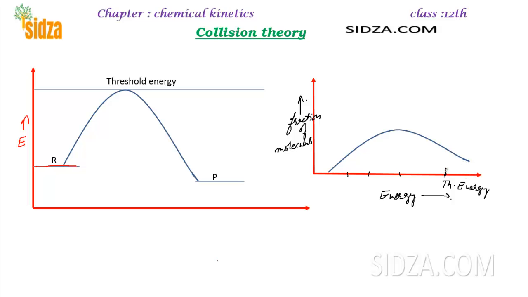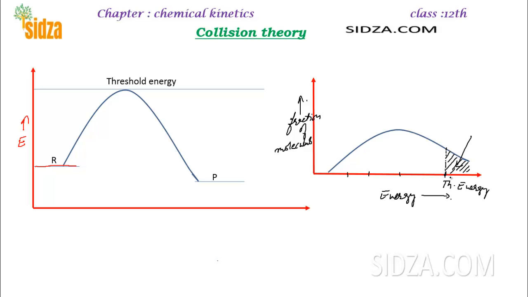If you look at this graph, this area represents the number of molecules which possess energy equal to the threshold energy or more. That means only these molecules can form the product, because they have energy equal to or more than the threshold energy.